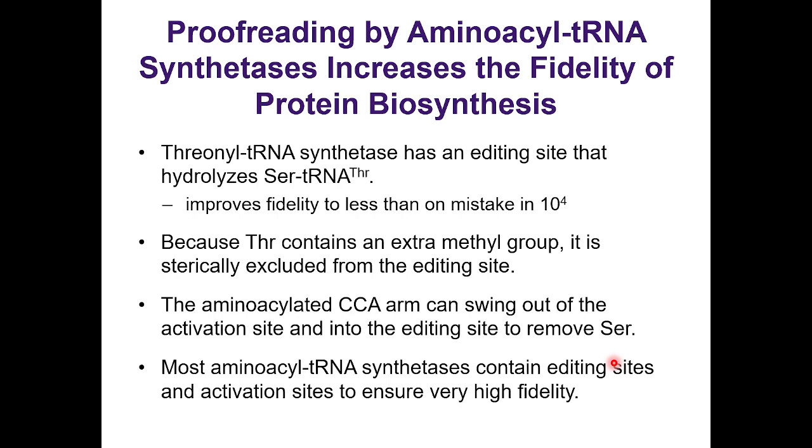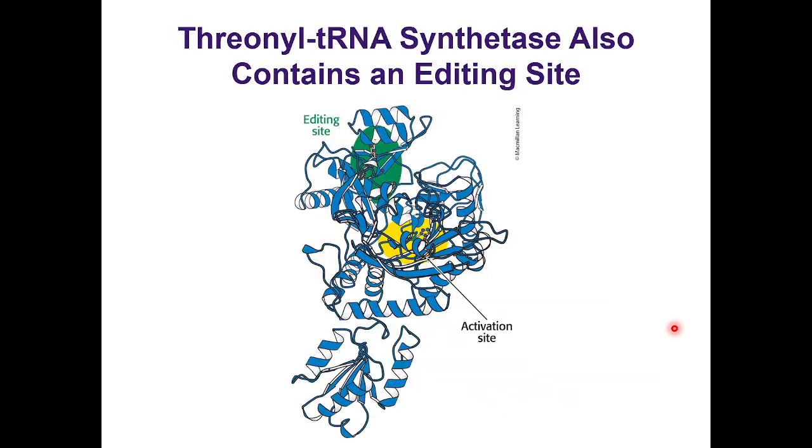Whereas the 3-enene has that methyl group, it won't be able to fit into the editing site, and so it just keeps bouncing off and never gets into the editing site. And so between that editing site and the activation site, we actually get pretty good fidelity. For biological systems, quite good fidelity.